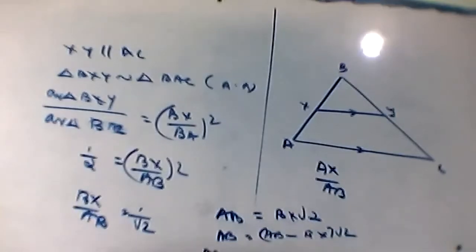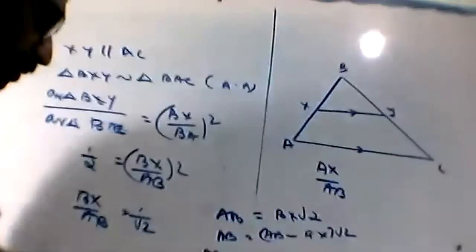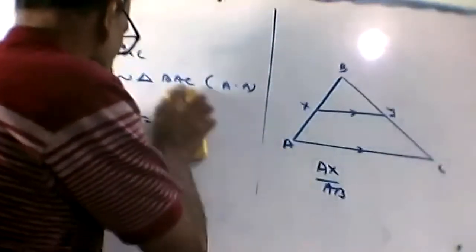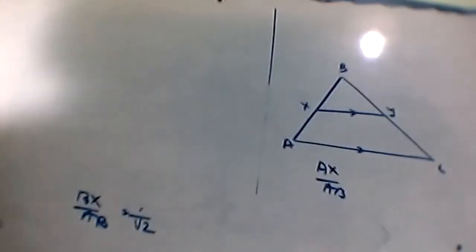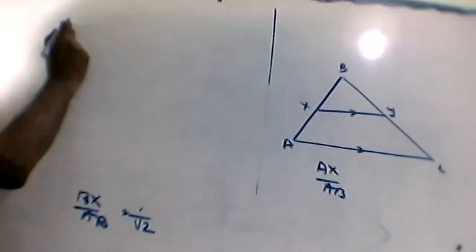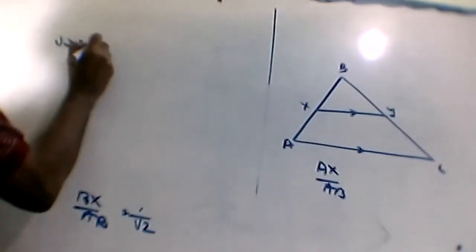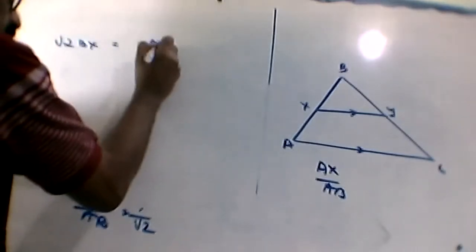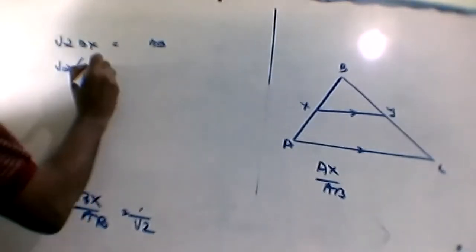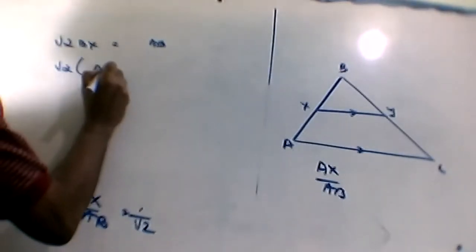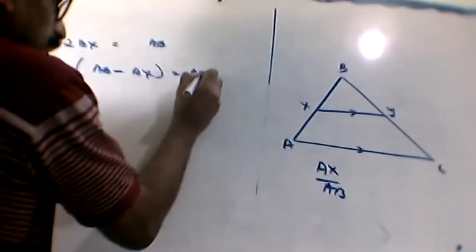Okay, look at here. Root 2 BX equals AB. So instead of BX we write AB minus AX: root 2 times AB minus AX equals AB.